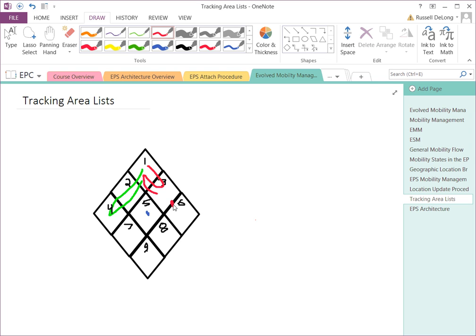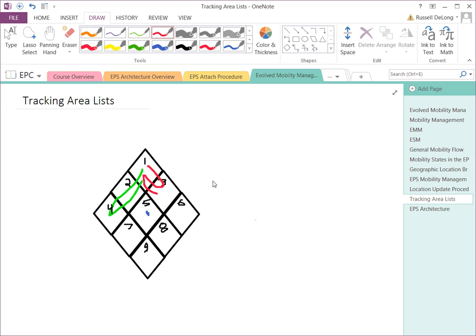Rather than requiring that device to constantly update as he moves between the two, I can ease the burden both on the UE for battery life and on the network for needing to receive all this extra signaling by just giving it a list of 3 and 6.